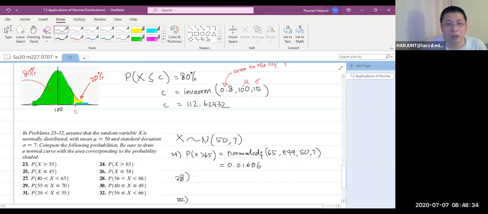Number 28, probability that the random variable is between 56 and 68.